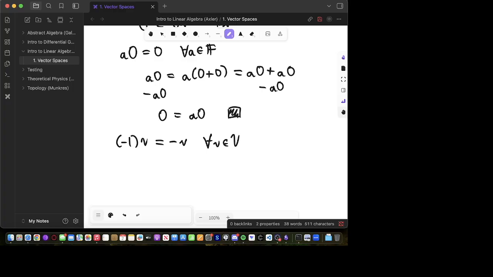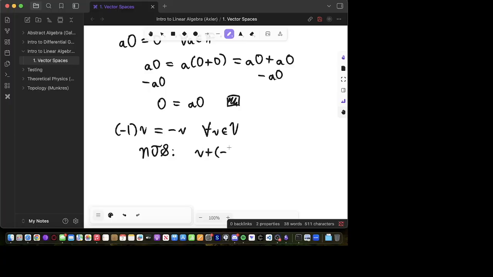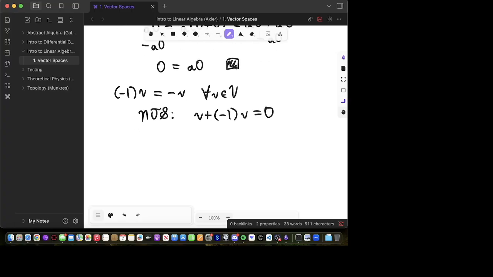So what we need to show is that v plus -1 times v equals 0, okay? So here's how we're going to do this. For v plus -1 times v, we know by the fact that v equals 1 times v, so we have 1v plus negative 1v.